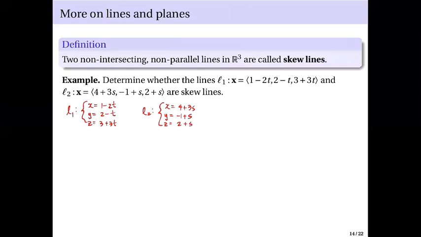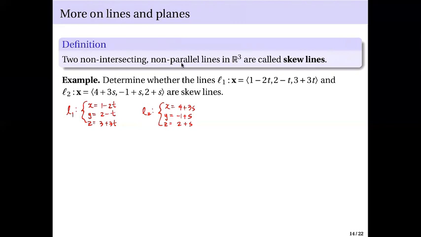Okay? So we want to show that these two lines here are skew lines or not. And in order to do that, we have to show whether L1 and L2 are parallel, and whether L1 and L2 are intersecting.